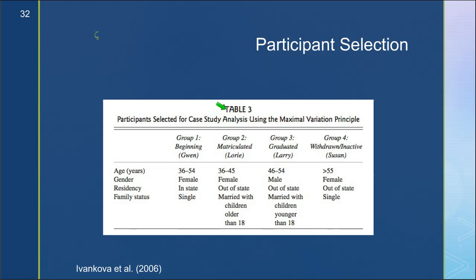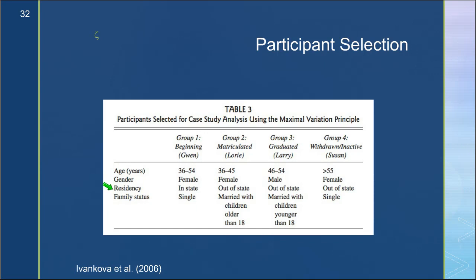And as we see in the table title here, they're trying to relate the participants selected for follow-up case studies using a maximal variation principle. So maximal variation is a type of qualitative purposeful sampling where we're intentionally looking for differences in our sample. So she wanted individuals who varied in terms of age, gender, residency.